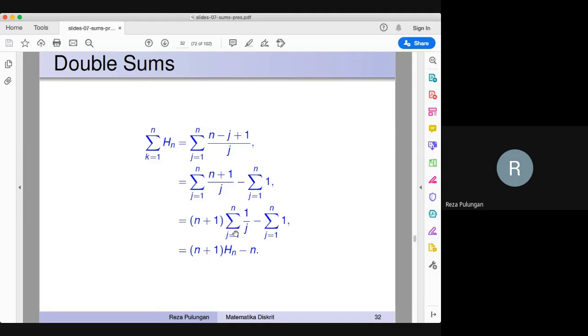So what about this one? We return to this one again. This is a harmonic number. There is nothing that we can do about this. It has no closed form solution, but we know this is a harmonic number. So the final result will be n plus 1 multiplied by the harmonic number minus n.